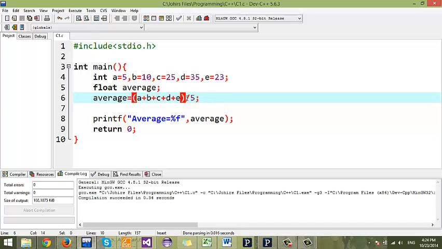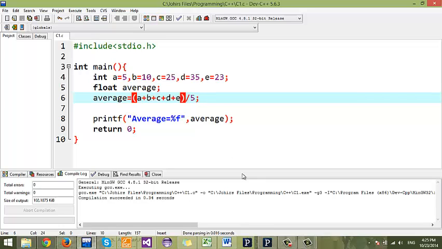While doing the calculation, between these two integer operands, the result is automatically typecasted to integer. That means the integer result part is kept and the remainder part is dropped.